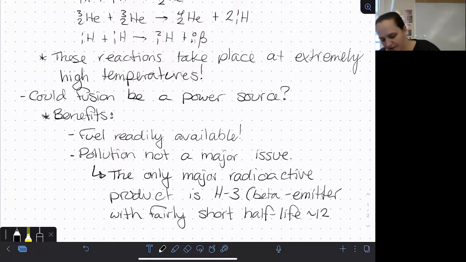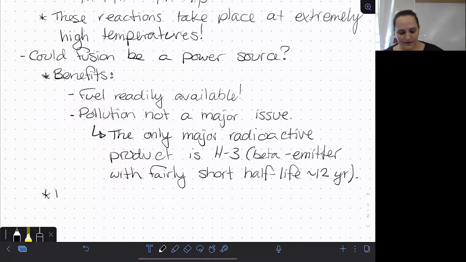Double check that number. Yeah, around 12 years. So that's much, much shorter in terms of half-life than most of the products of fission, which means that within a century or so, it's not really going to be a hazard anymore. So pollution is not a huge issue with fusion, so that's pretty cool.